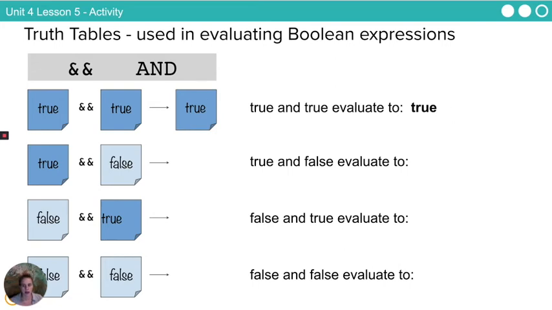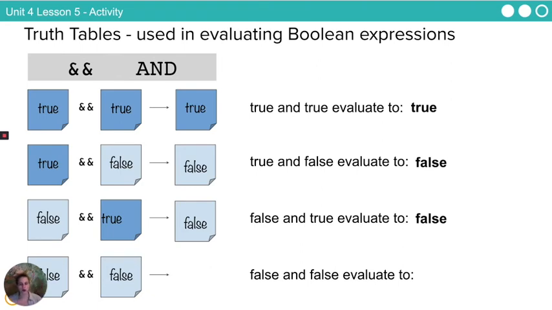If I have something that is true and false, what does the whole statement evaluate to? I am holding up my right hand and I am holding up my left hand. If you think about it, that whole statement is actually false looking at my picture, and so the statement evaluates to false. If I have a false and a true, the same thing happens.